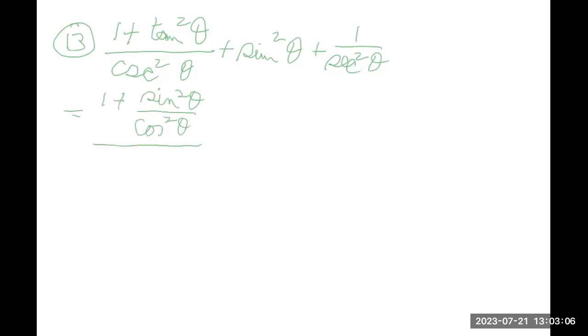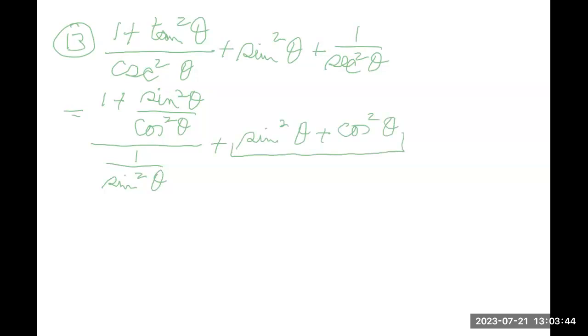Cosecant is the reciprocal of sine, so that becomes 1 over sine square theta, plus sine square theta. And then secant is the reciprocal of cosine, so 1 over secant square theta is the same as cosine square theta. And then notice that the last two terms add up to a 1 again.